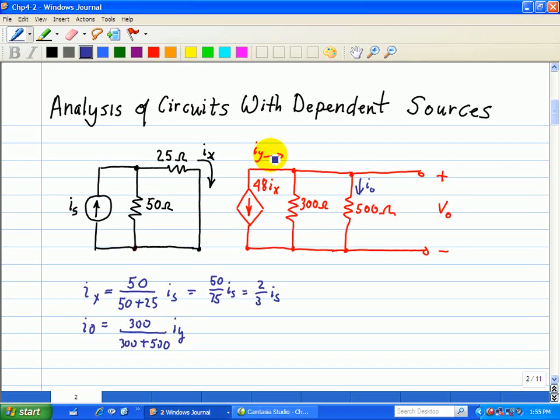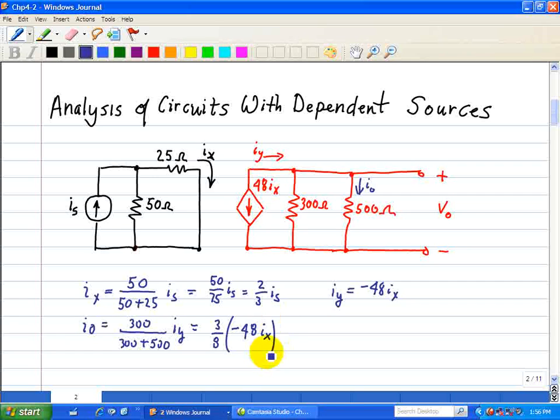But we note that Iy is equal to negative 48 Ix. So in this case, we'll simplify this. This is just 3/8 multiplied by minus 48 Ix. But we can substitute Ix in terms of Is, shown here.